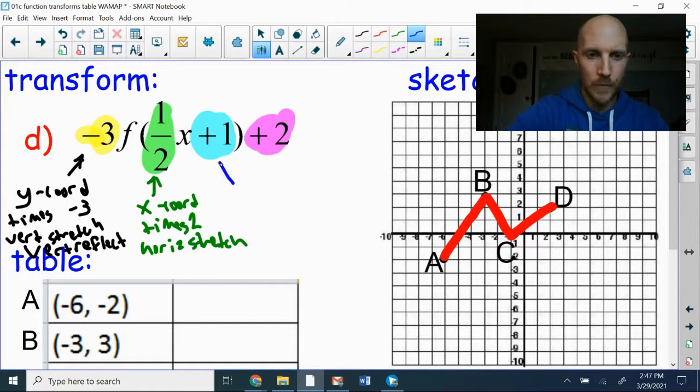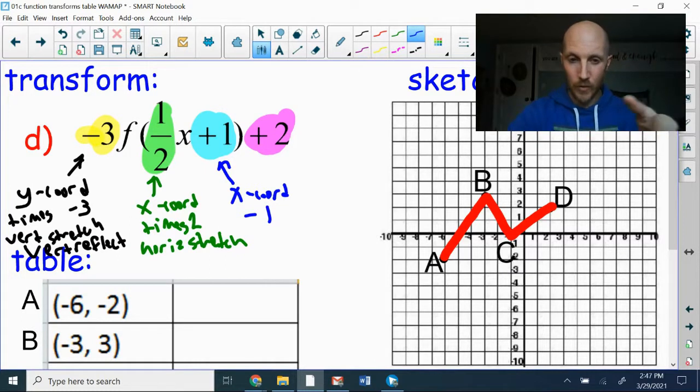The blue one, inside the parentheses, is going to affect the x coordinate. I am going to be subtracting 1. So I have to do the opposite of the operation indicated if it's inside the parentheses. And the translation is to the left.